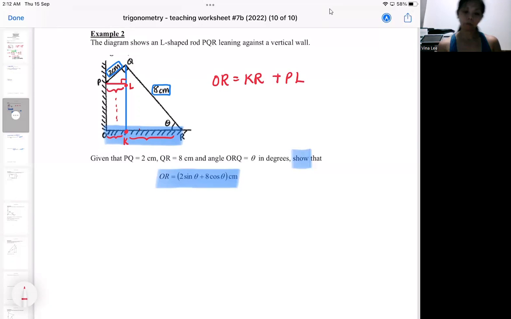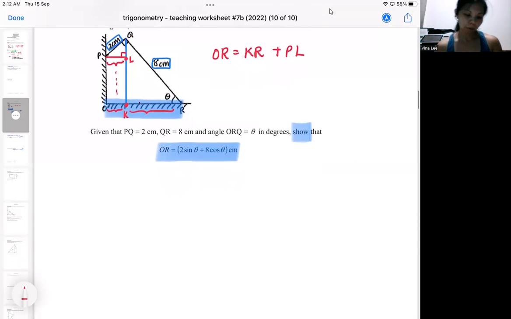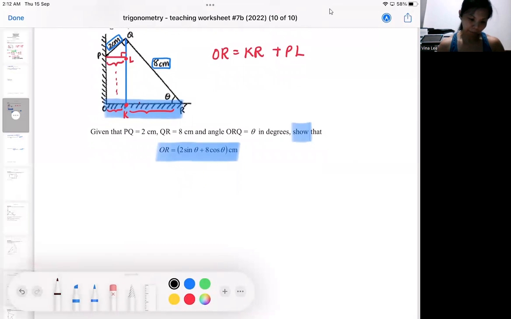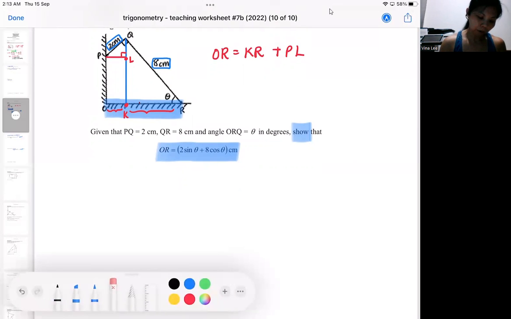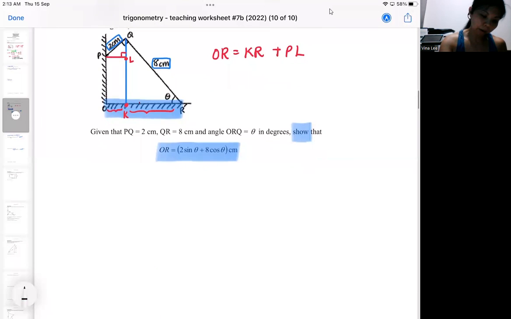So you need this cutting. If you do this cutting, this is what you'll be getting. You will get two triangles.